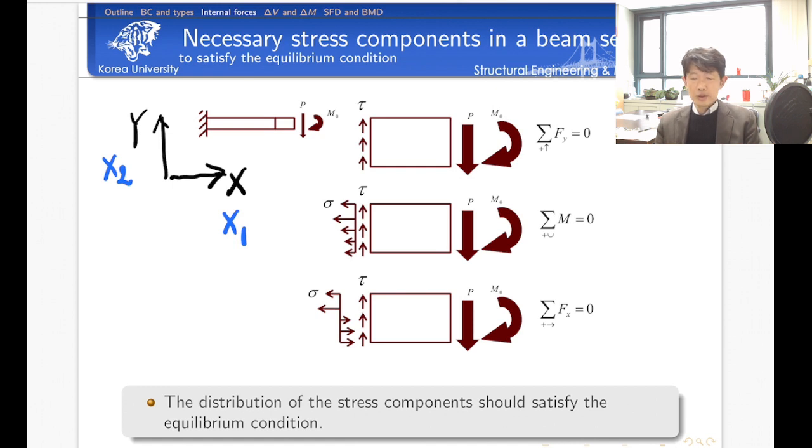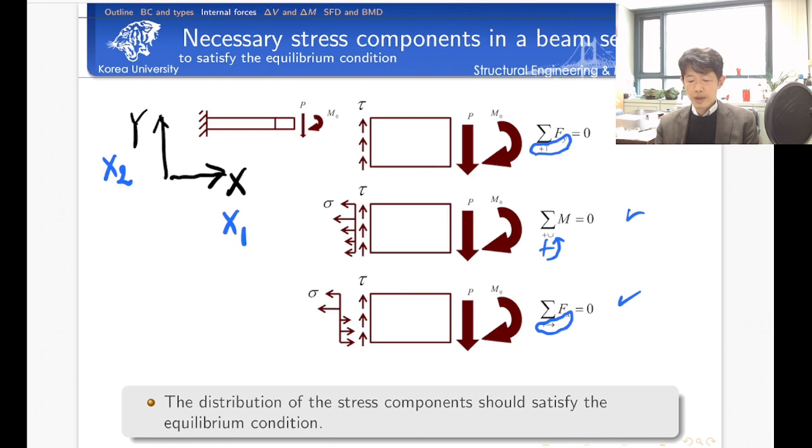Once we introduce the coordinate system, we need to satisfy the force equilibrium in the x direction, and also in the y direction, right? And also we want to check the moment equilibrium. Because of the symbol, it should look like this. We consider the counterclockwise direction as positive. So we can check three different kinds of equilibrium conditions.